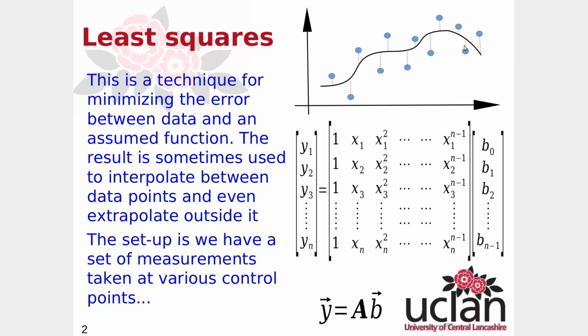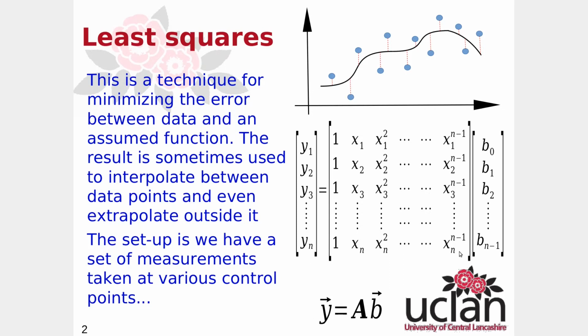For every single data point in the model y equals b0 plus b1 x1, we could generate an equation. However, we now have an over-constrained problem, and we need to see how we can solve it. That is to say, we've got too many equations. In the case of the linear problem, we would have n equations and only 2 unknowns.